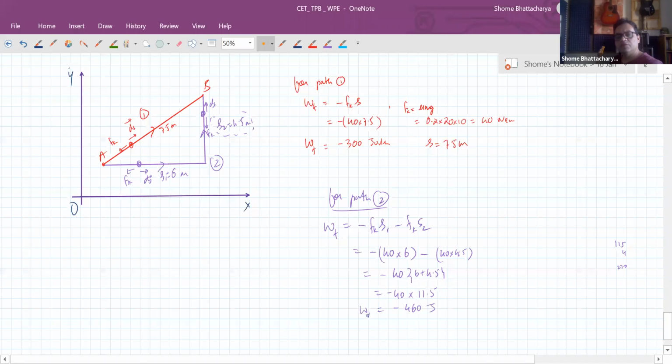So you can see the work done by friction for the second path is different than the work done by the friction for the first path.